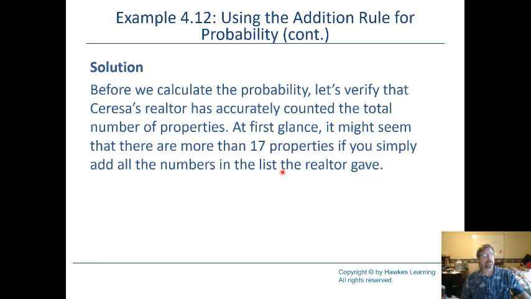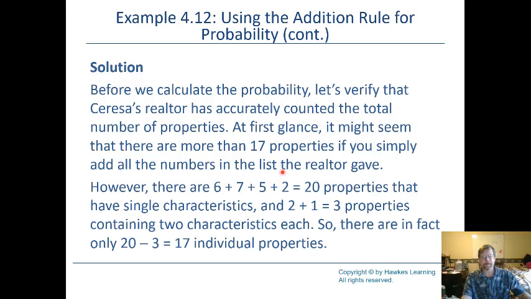Alright. It might seem like if you added all the numbers, there'd be more than 17. So we've got 20 properties with single characteristics, but of those, 3 properties have 2 characteristics each, so that's 17 properties.